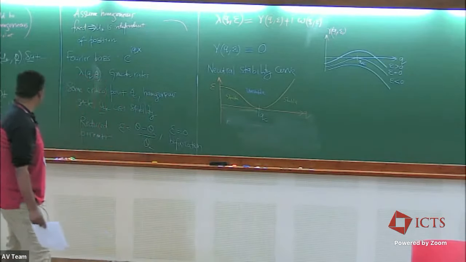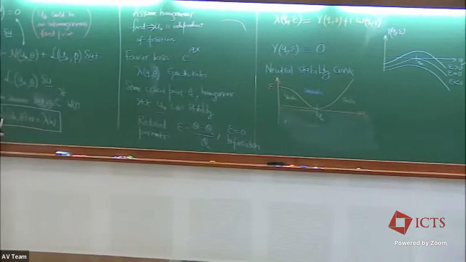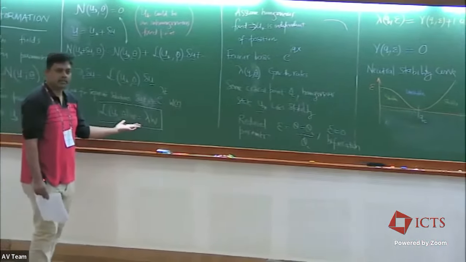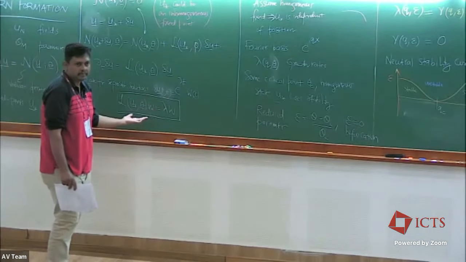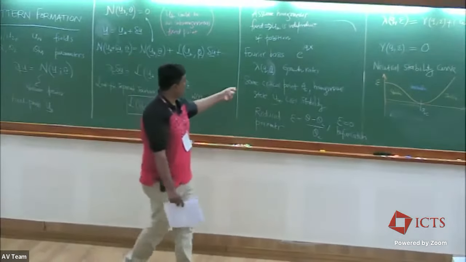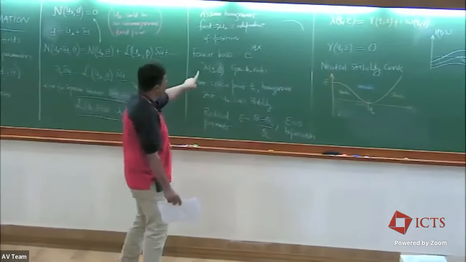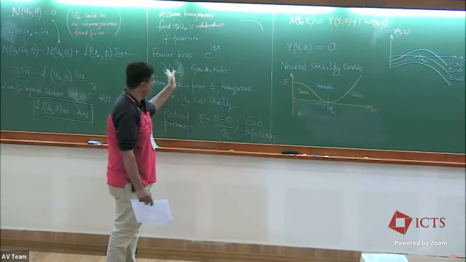So remember, all I said is the eigenvalues of this linearized operator L. Well, the eigenvalues can be complex. There's nothing preventing it, it's not a Hermitian operator. And in the Fourier basis, the eigenvalues will depend on which mode you're looking at, and of course the set of parameters.